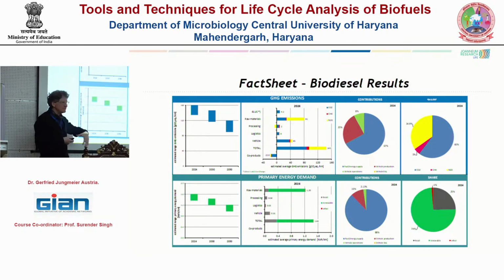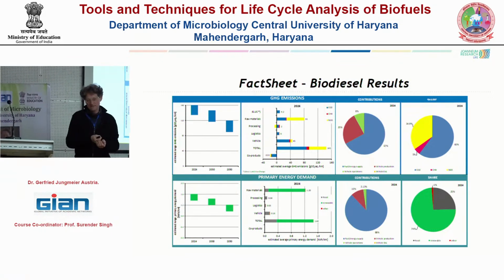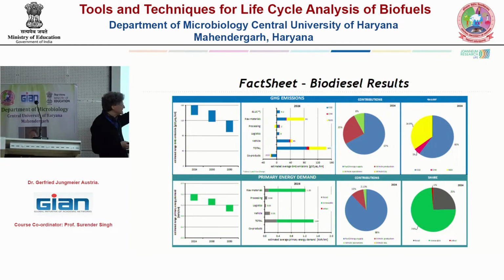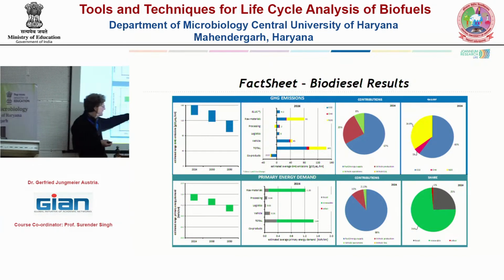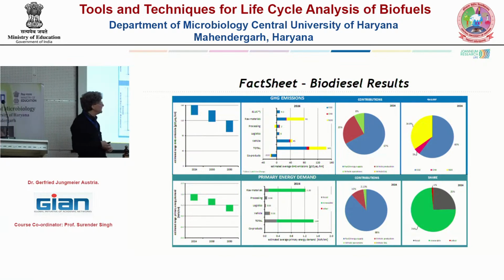The main reason is for the bioethanol you can use lignocellulosic bioethanol, straw and wood, which has a much better greenhouse gas balance than conventional bioethanol. But for biodiesel, we don't have such a feedstock. So this is still oil and fat based, and there are some improvements, but not so much.